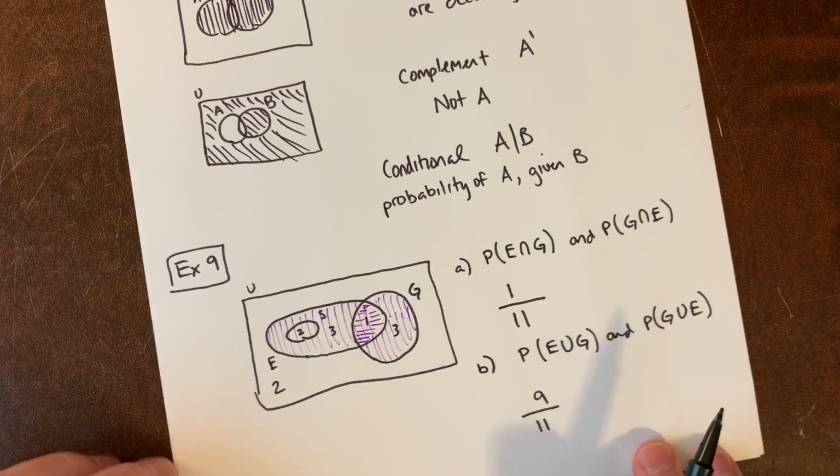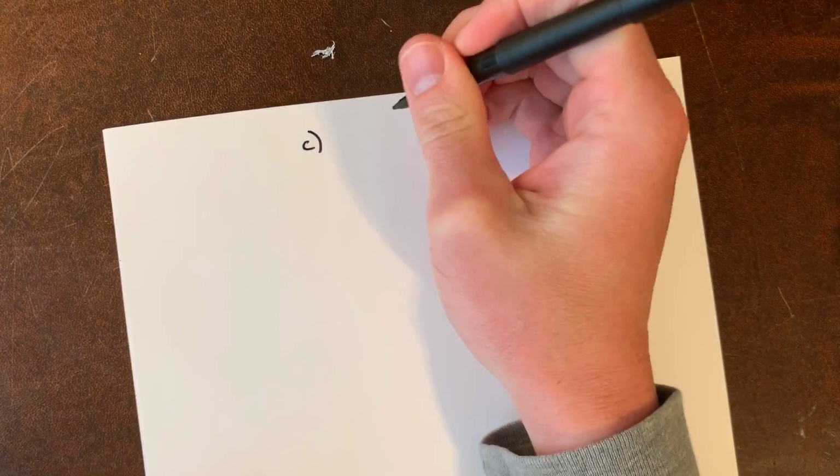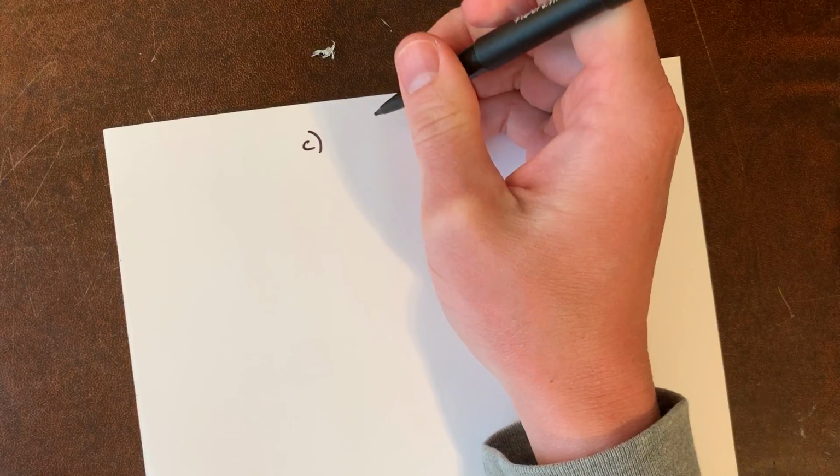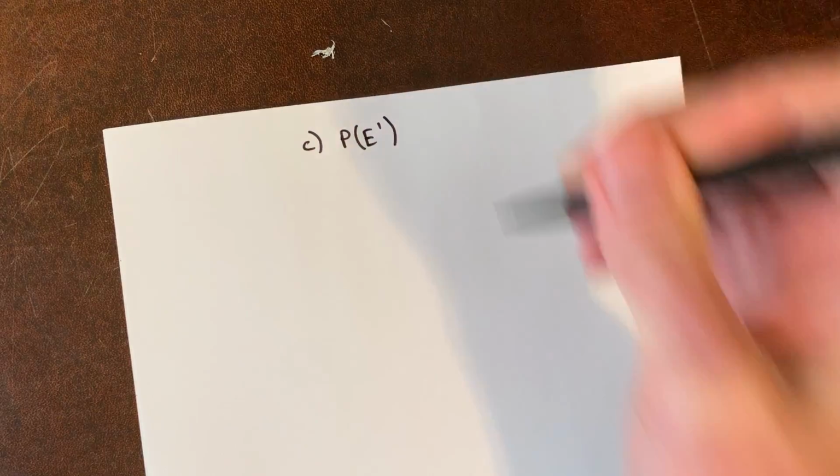Next, I'll have to go to another sheet of paper. We want the complement of E, the probability of E's complement. So that'd be any students not taking the ESS class.